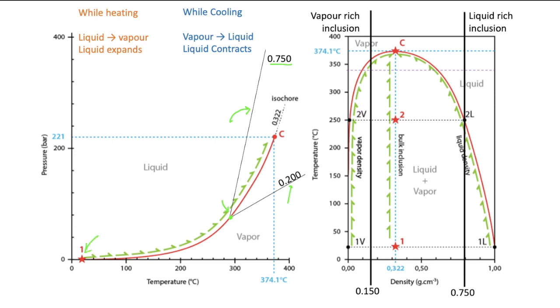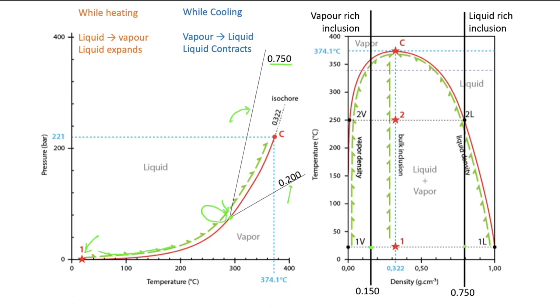So one is here and another is here, one at 0.75, one at 0.2. But the point is they were formed at the same temperature, because they are formed in the same grain in the same mineral at the same time. So when you heat them, both inclusions will reach the same point.